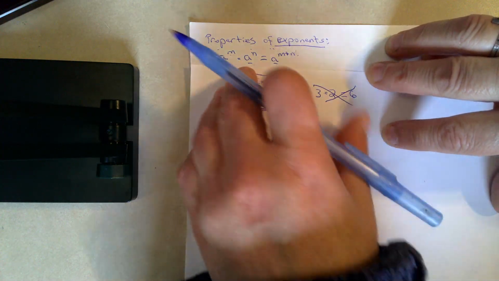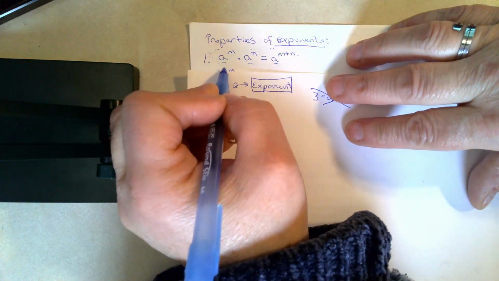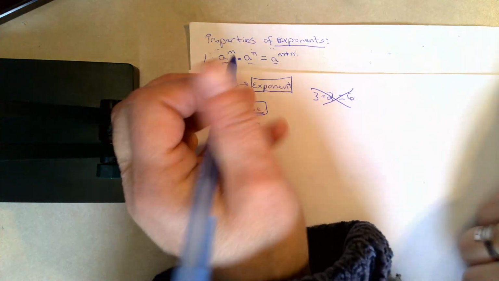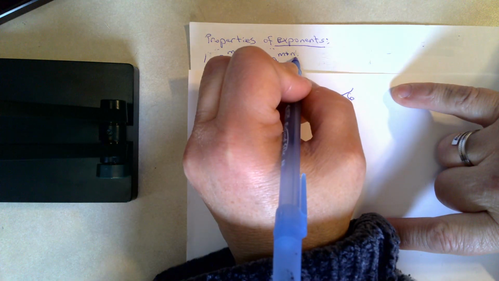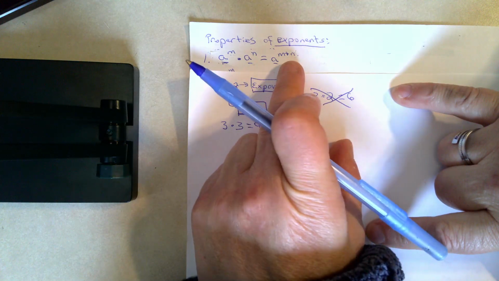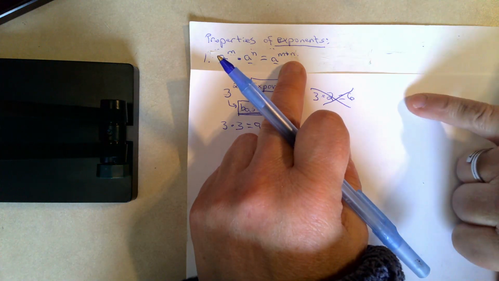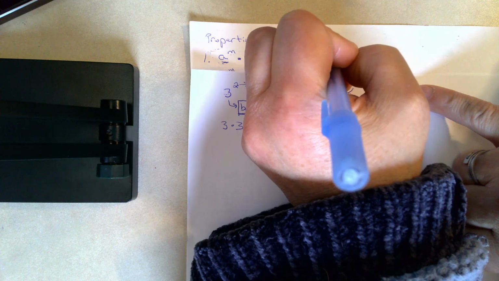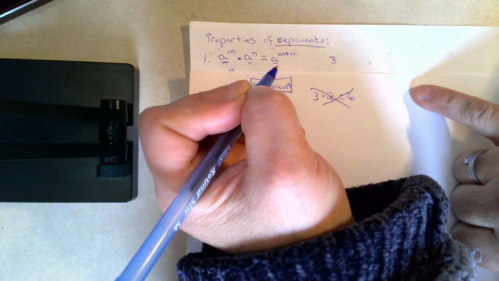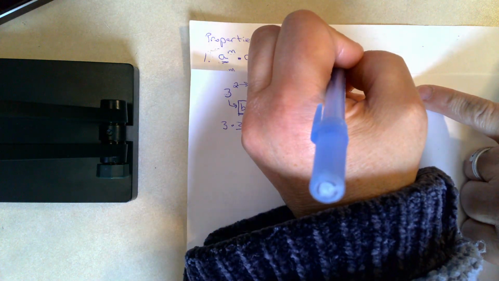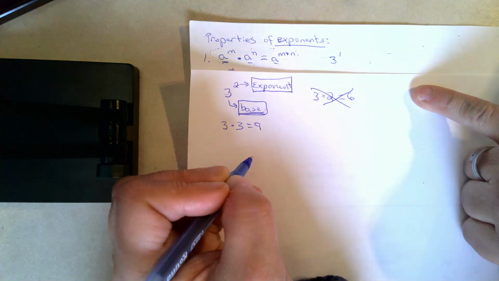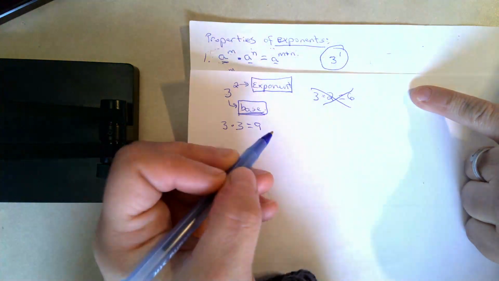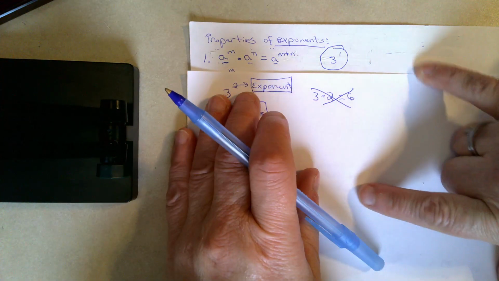Okay, so if those bases are the same and you are multiplying things, you add up those exponents. If there is no exponent written, like if you just have 3, there really is an exponent there. Its exponent is 1. It's one of the many, many hidden ones in our math life.